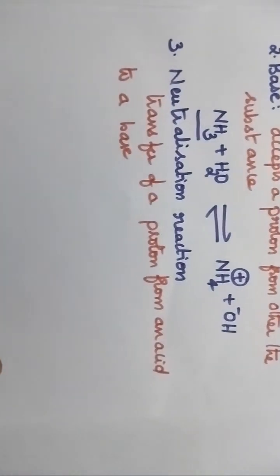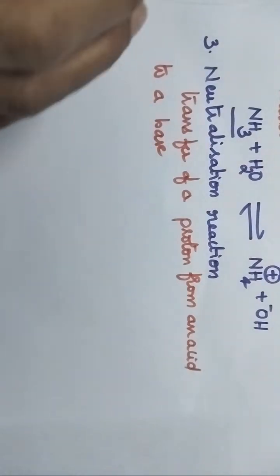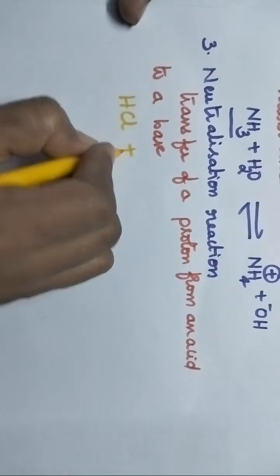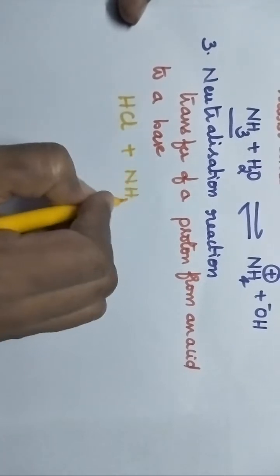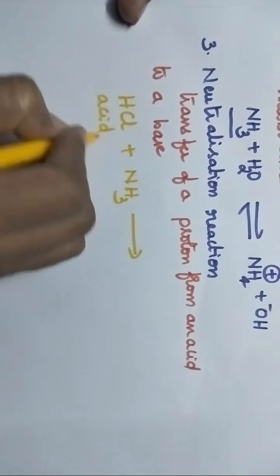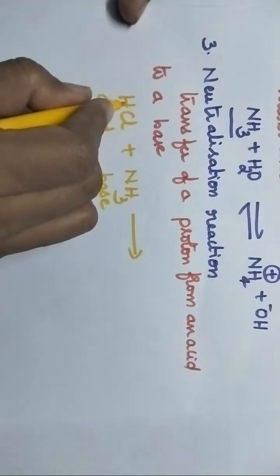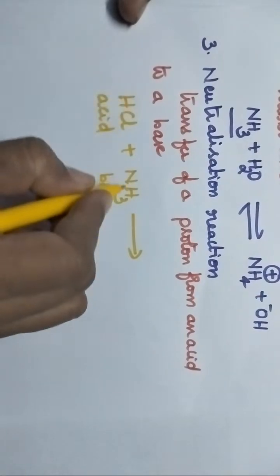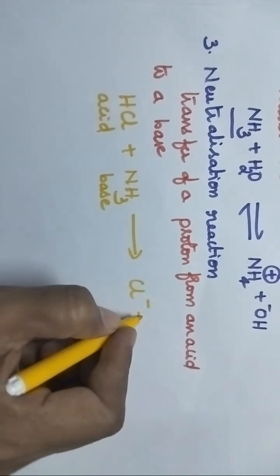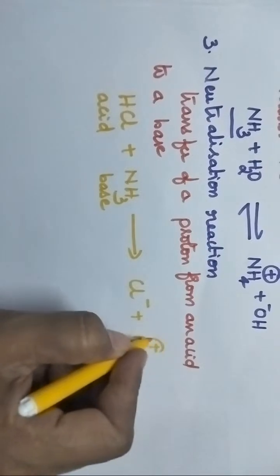Let us consider one more example: whenever HCl is treated with ammonia. Here what is the nature of HCl? It is an acid. And what is the nature of the ammonia? It is a base. So definitely a proton will be transferred from an acid to a base. Then it results in the formation of Cl minus plus NH4 plus.